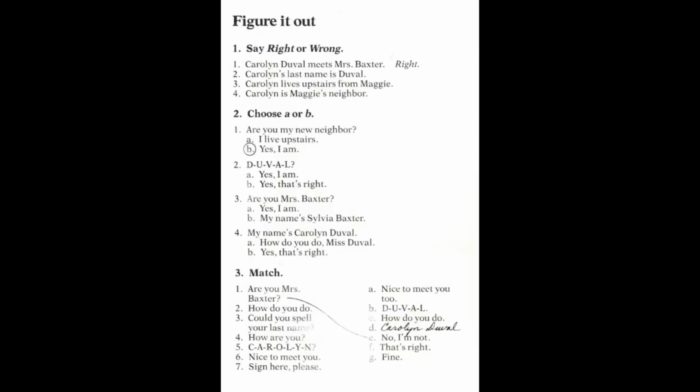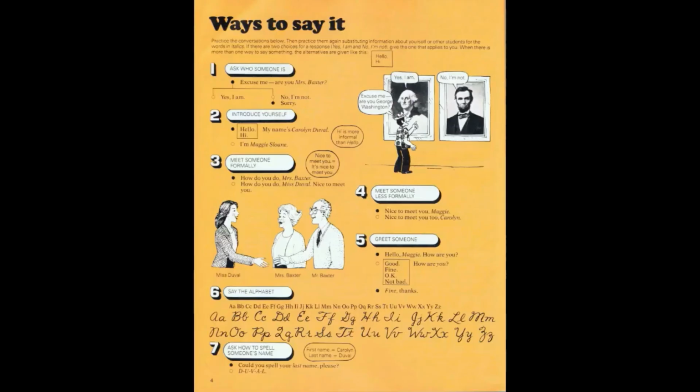So? Sure. Thank you. That's correct. A. Nice to meet you. And the last one. Sign here, please. Sure. Part D. We can see Carolyn Duval is a signature. The way she writes her name. Well, thanks. You've done a great job. Alright, let's go to the next part.